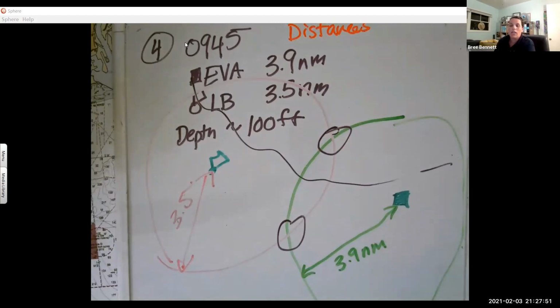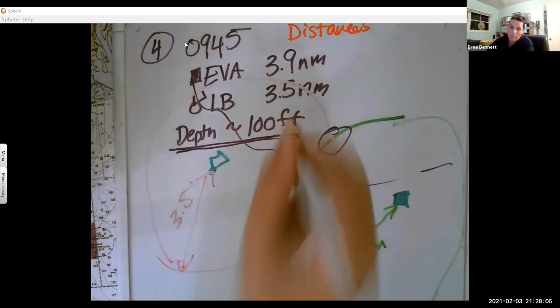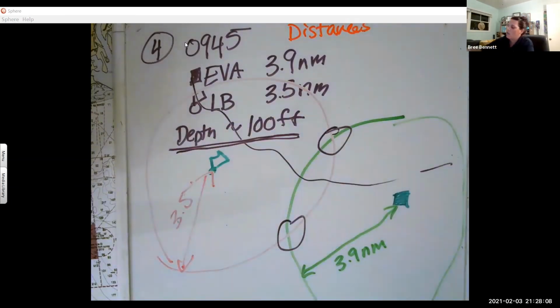That can be looking out the window to say, oh, that oil rig is to port instead of starboard, or a past position might help you, or a depth in this case. We're going to use our depth to help us decide which one we're at.